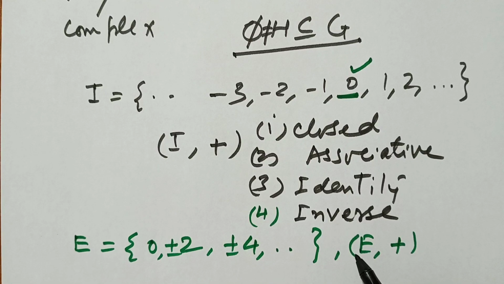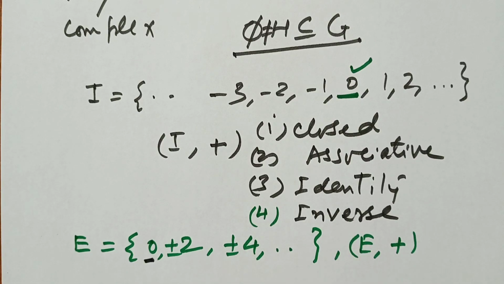First is closure: you take any two even integers, and by adding we get an even integer again, so the closure law is satisfied. Second, associative: in case of addition the associative law is always satisfied. Now third is identity. In addition 0 is the identity element, and here 0 is present, so the identity element exists.